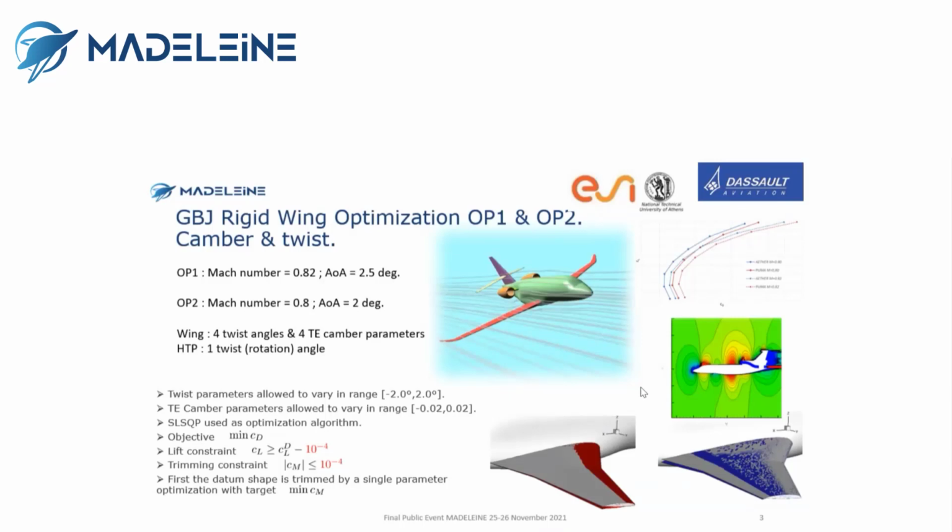Of course, we want to have trim, and in order to perform trim, we use the HTP rotation angle. Sometimes we also add angle of attack in order to achieve the prescribed lift coefficient.